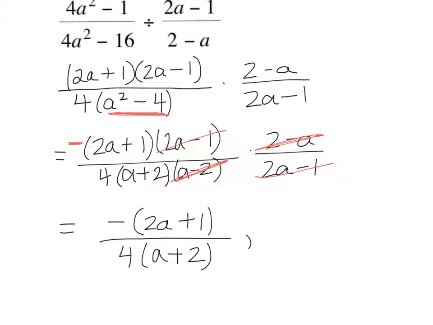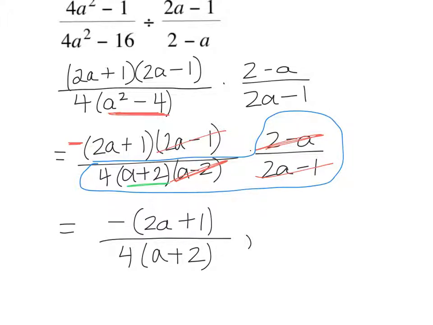Now here, the non-permissible values, I have to look at this whole thing. That's a lot to look at. There's a lot of factors in there, because for division you have to look at all three sections. So I have a plus 2. What's the non-permissible for plus 2? Negative 2, so it can't be negative 2. I had minus 2, so it can't be 2.